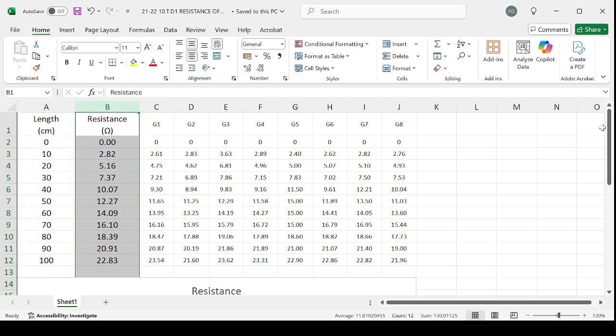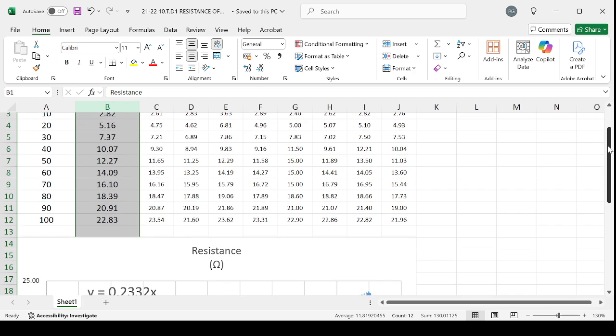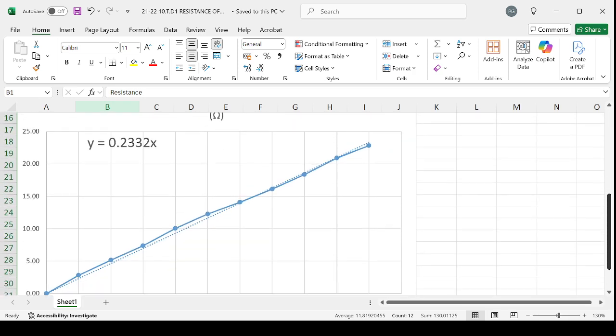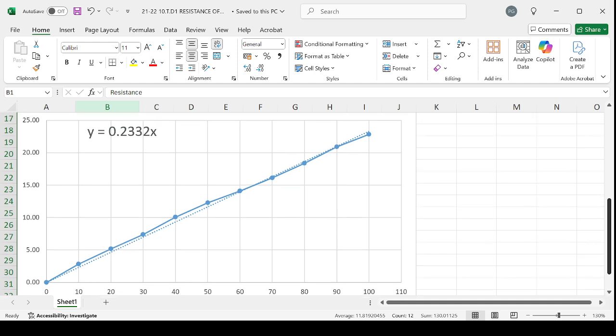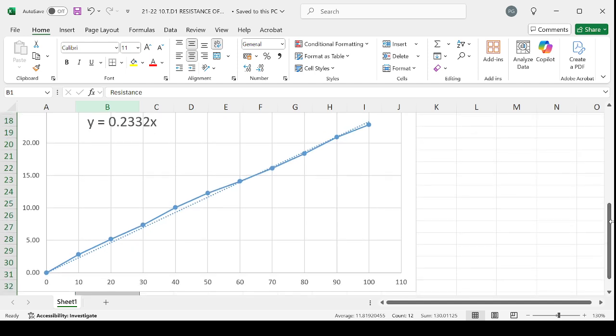And what we produced was a really nice graph of resistance against length. And that's pretty good actually. So for every length we have almost a straight line that goes through the origin. So we call that directly proportional, which essentially means if I go from 10 centimeters up to 20, if I double the length of the wire, essentially I'm going to be doubling the resistance.